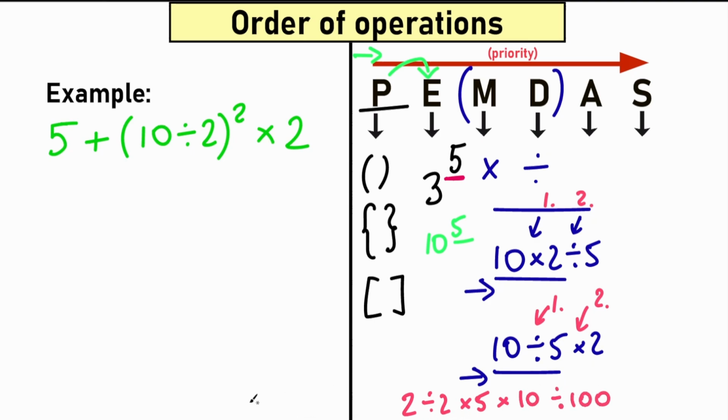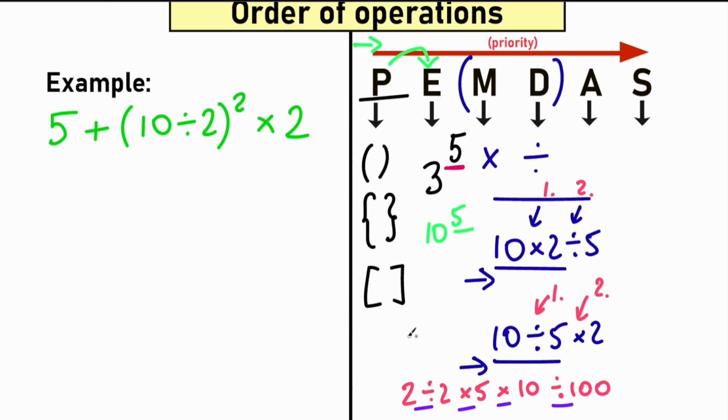We have division, multiplication, multiplication, division. So right here it is absolutely the same thing. We should perform these mathematical operations in order from left to right. First multiplication, first division, multiplication, division. So first of all, from left to right. Okay, this was a few words about the multiplication and division part.